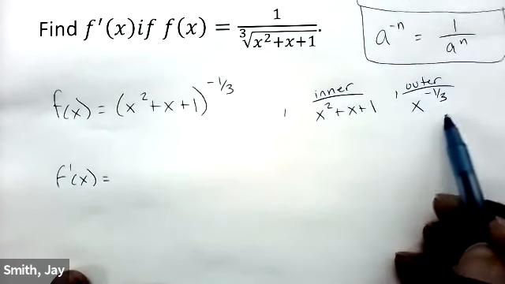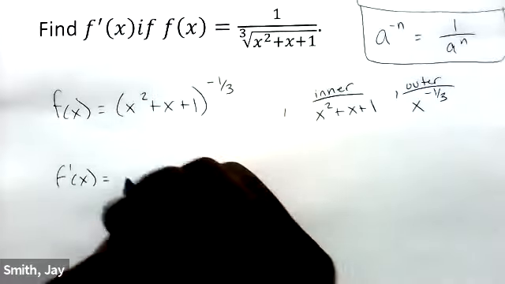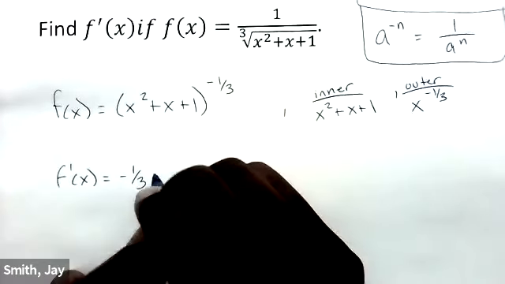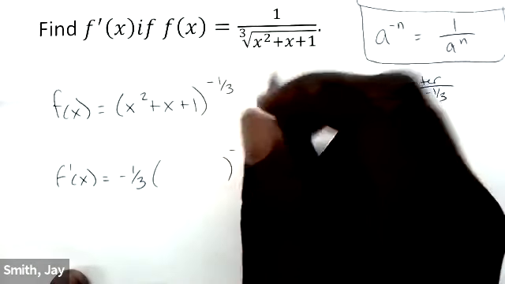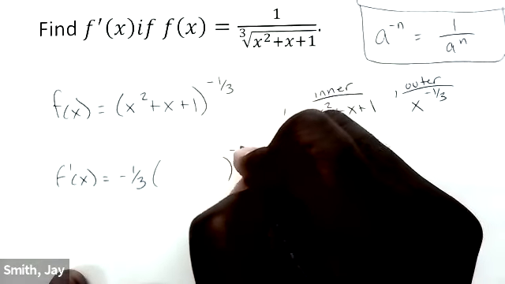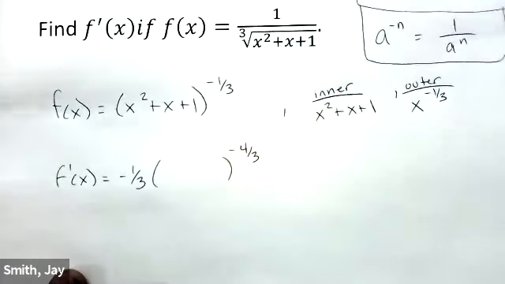We can use our general power rule to take the derivative of x to the negative 1/3, bringing that negative 1/3 out front. x to the negative 1/3 minus 1, or in this case, negative 4/3 power. This is because negative 1/3 minus 1, or negative 1/3 minus 3/3, will give me negative 4/3.